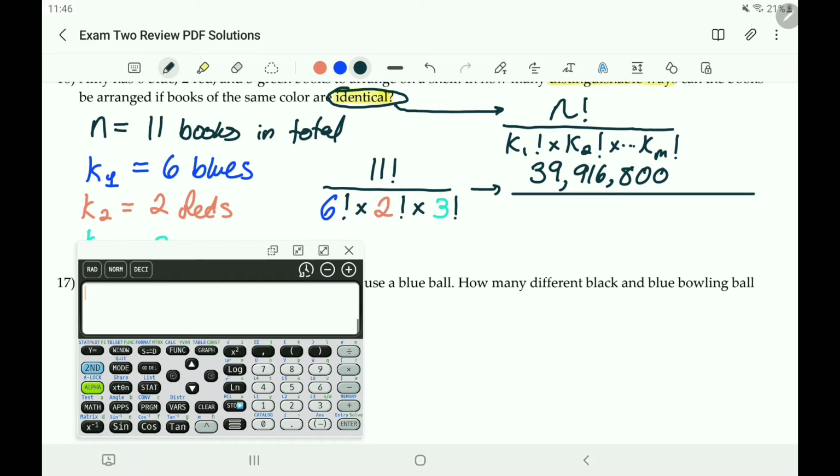Now let's do 6 factorial. 6 times 5 times 4 times 3 times 2 times 1. That's 720. 2 factorial is just 2 times 1, which is 2. And then 3 factorial, 3 times 2 is 6, and 6 times 1 is also 6.